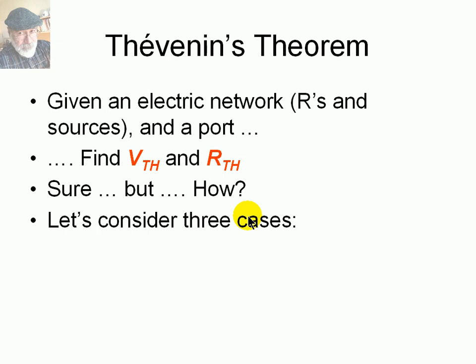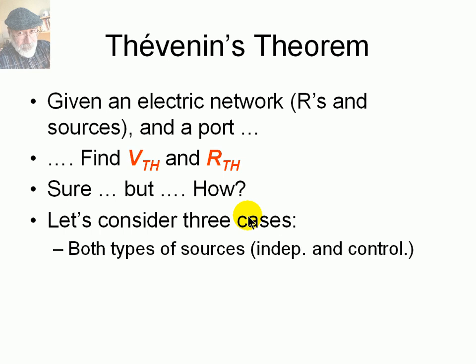But even though that general method works for any network, there are 2 cases in which we can use simplified methods. Let's see. If we have a circuit that has both independent sources and controlled sources at the same time, that is round sources and rhomboid sources, we use the 1 amp to amp method.